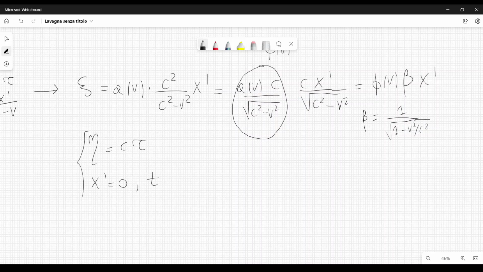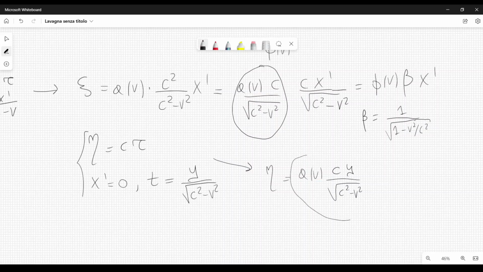And then also we can write t equal to y divided by the velocity along the eta axis that we found earlier. This is the square root of c squared minus v squared. Simple as that. And from these equations, we can rewrite this as eta equal to a of v cy over the square root of c squared minus v squared.